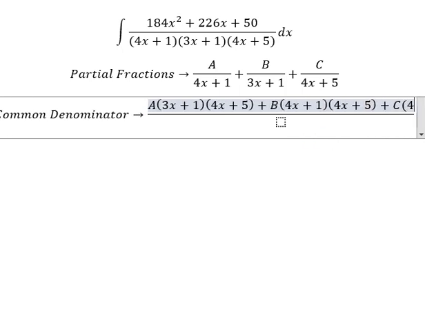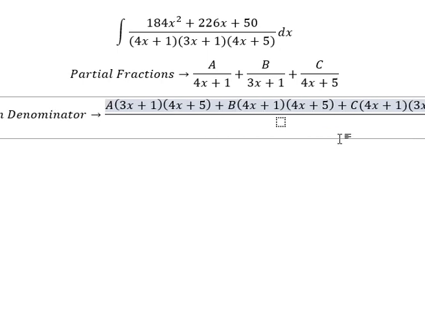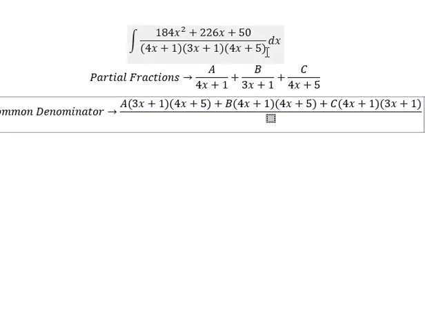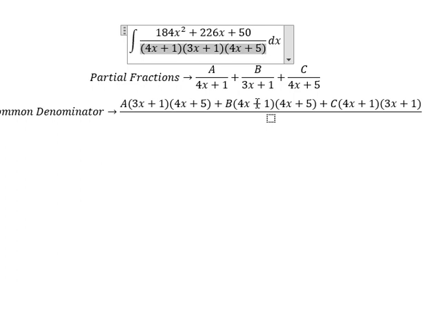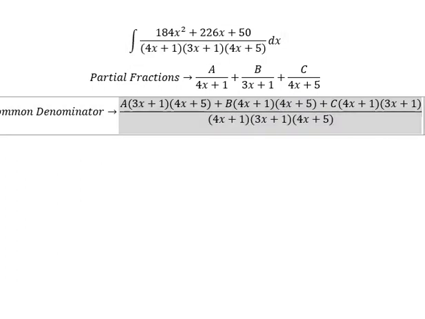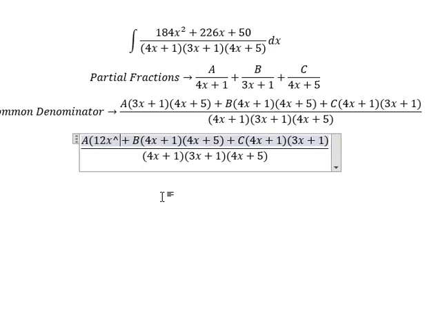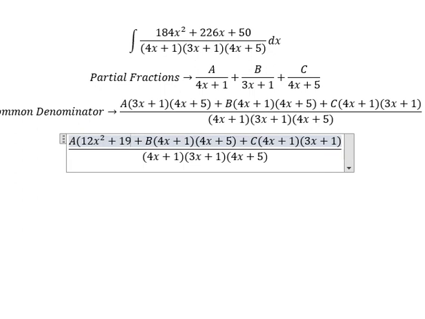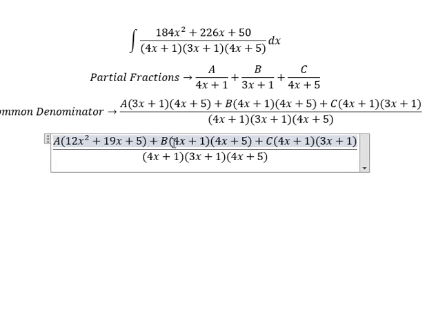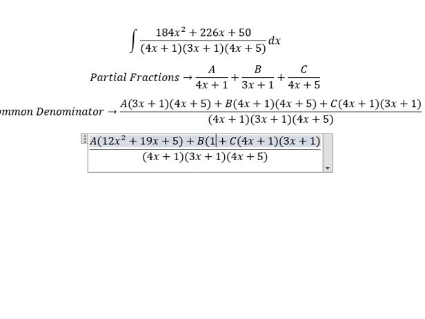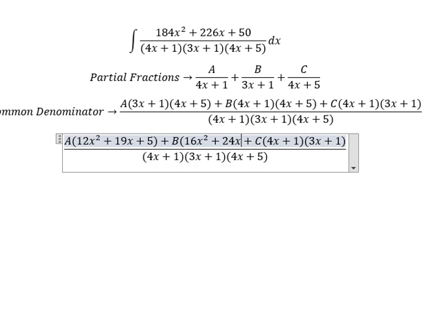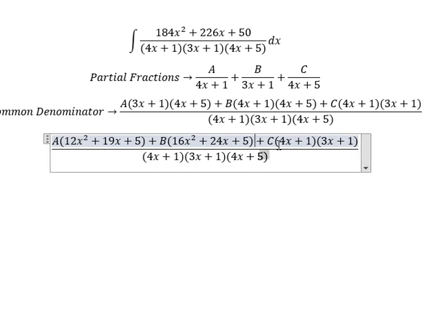Similar for C. Now we need to expand this one, and we have like this. And this one. And this one.